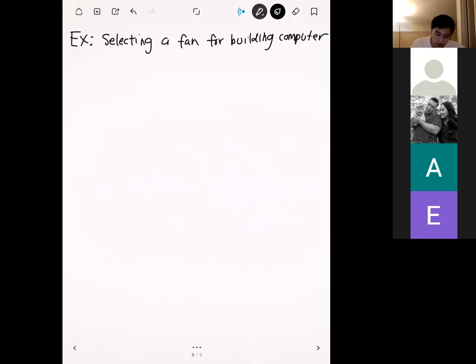And so the situation looks something like this. Let's say that we have a fan that we want to select. And this fan is going to be rotating, and it's going to be blowing air.